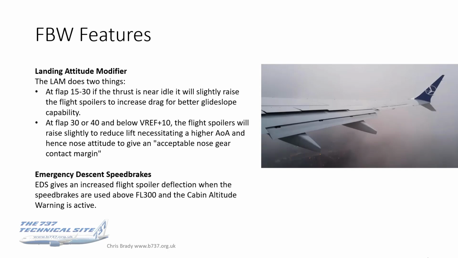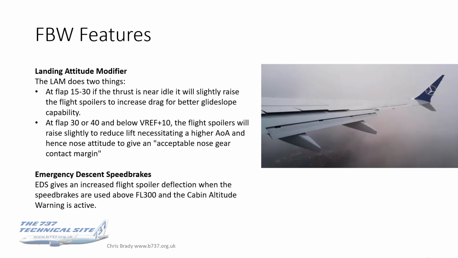Now again, this is a balance, because I can hear what you're all thinking: we don't want the nose higher than it needs to be on landing, because that means that the tail is going to be lower than it needs to be, and if you're flying a 9 or indeed a Max 10, come the glorious day, then obviously tail strike risk is something which is at the forefront of the mind. I'm assured that Boeing have sorted all this out, and margins are not compromised. So there you go. Only time will tell.